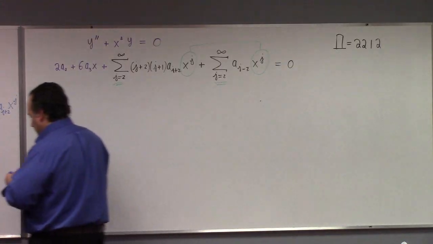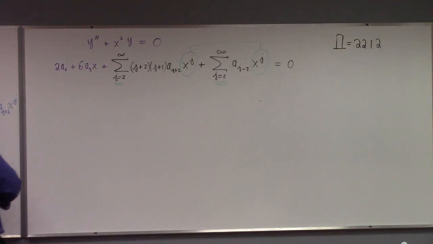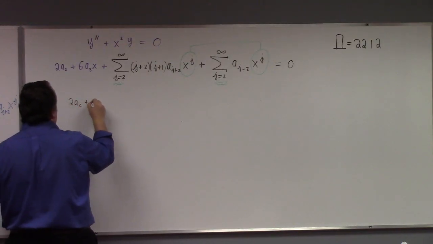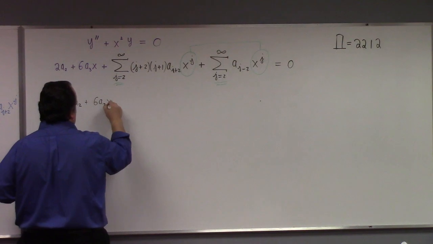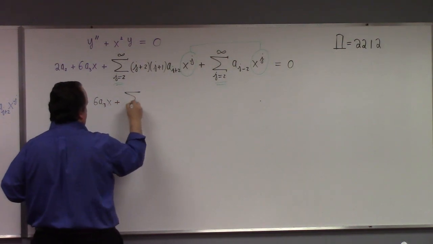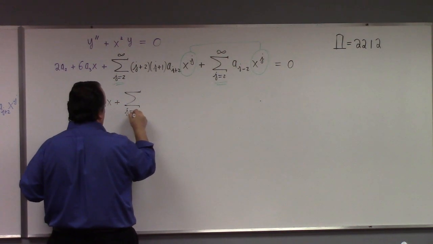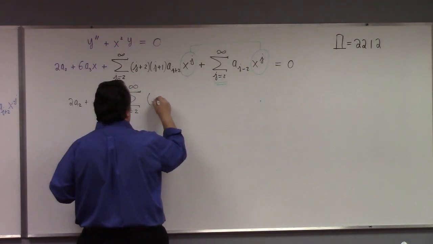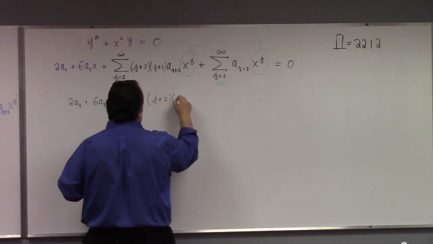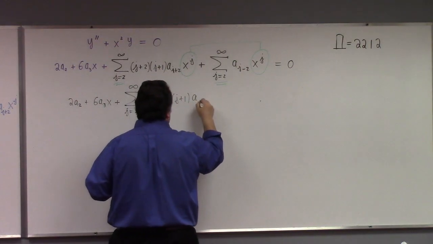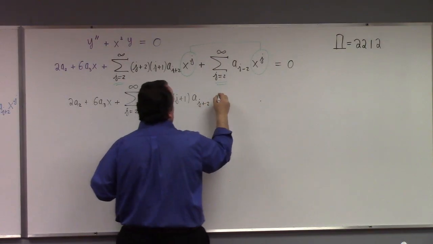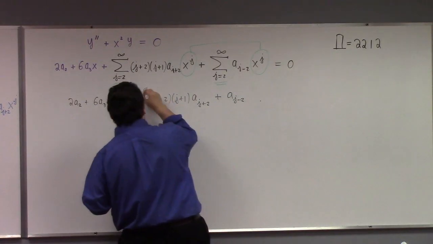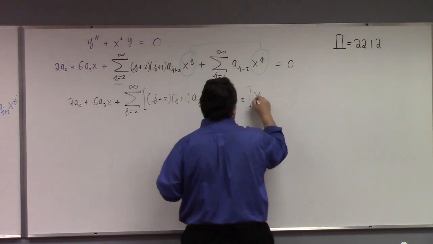So we get 2a2 plus 6a3x plus the sum j equals 2 to infinity of (j plus 2 times j plus 1 a sub j plus 2 plus a sub j minus 2) x to the power j.